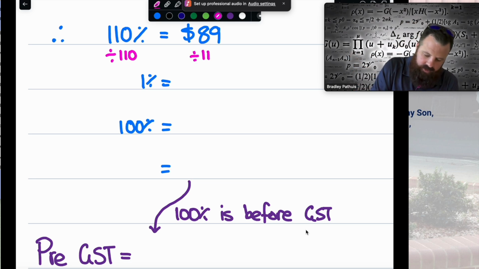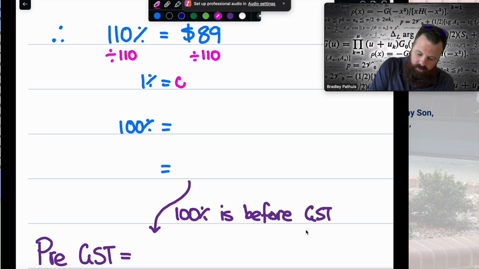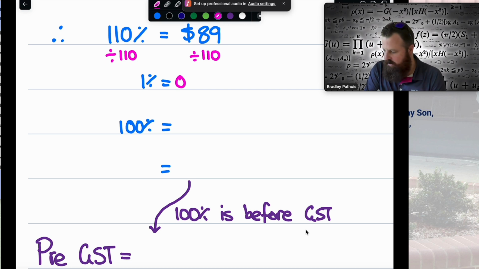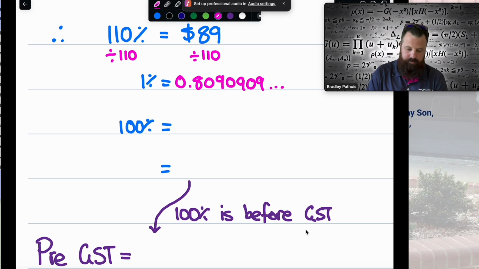So on our calculators, we get 89 divided by 110, and when we do that, we get this ugly decimal, 0.80909, and that pattern continues. I'm just going to leave it as an ugly decimal.